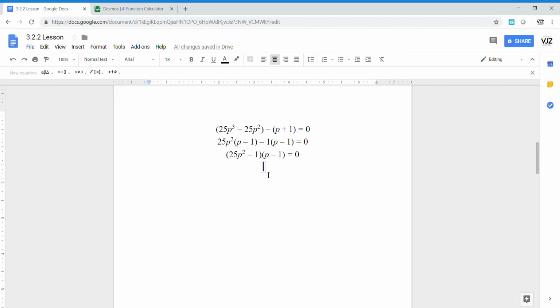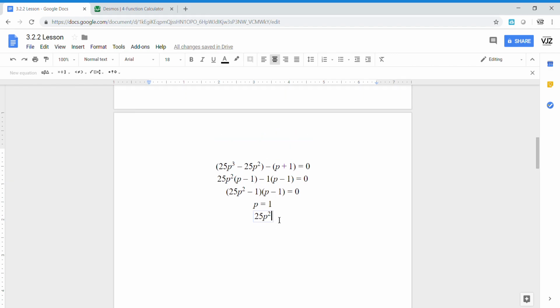This should be it. So P will equal 1, and then next up we have something oddly familiar here. It should be in my last lesson, but let's just review it again. So, sum of difference of squares.